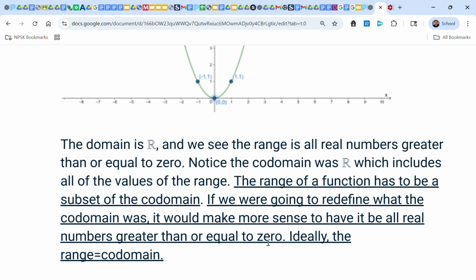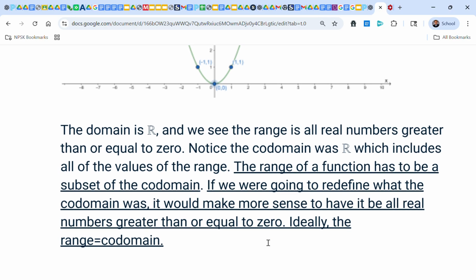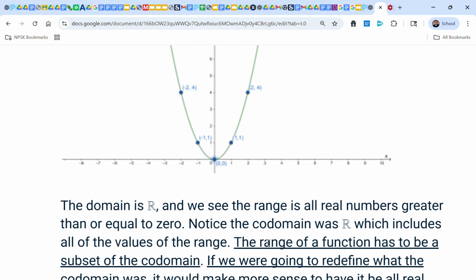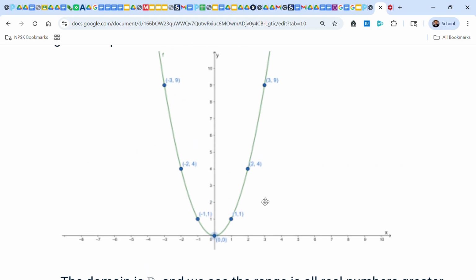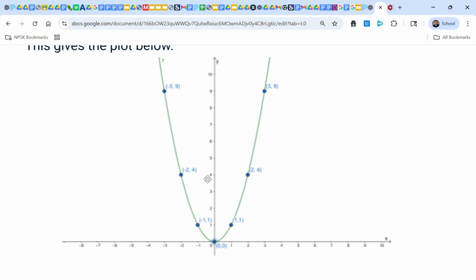Ideally, when we talk about range and codomain, we want the range to equal the codomain. A lot of times in your homework, you'll be asked what the codomain of this is, and they'll just plot this. Yes, the codomain could be anything, like all real numbers, and all real numbers would work for all of these. But really, we want the codomain equal to the range, so it's all values from 0 to infinity.